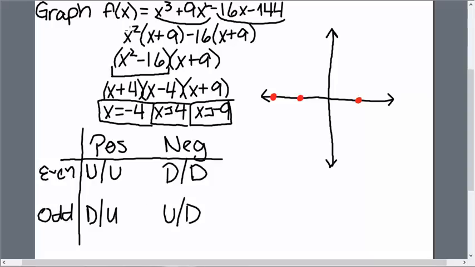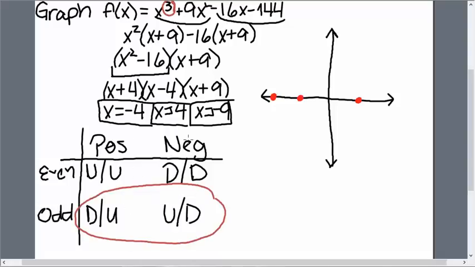Now this even odd is talking about the degree of this function. The degree is the highest exponent. So this is a degree 3 polynomial. Now 3 is odd. So we're dealing with one of these two cases.